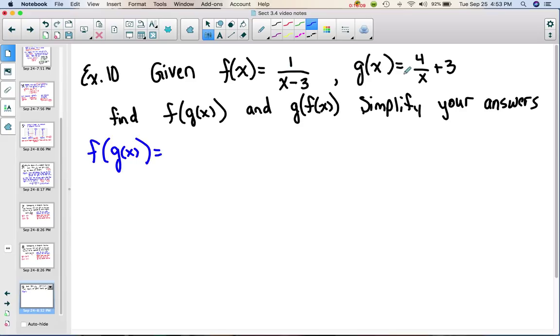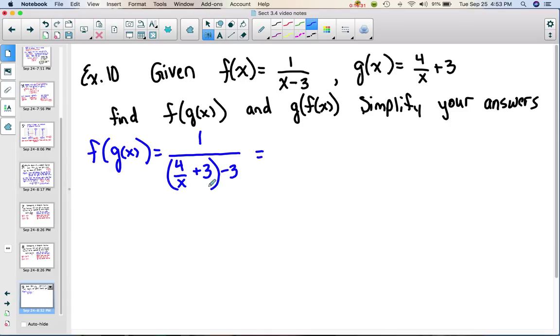So g of x is going to go inside of the other, so I get 1 over, instead of an x, I replace it with 4 over x plus 3, and then I have a minus 3. As a matter of fact, I should be consistent. Usually I put parentheses. So I replace the x with 4 over x plus 3.